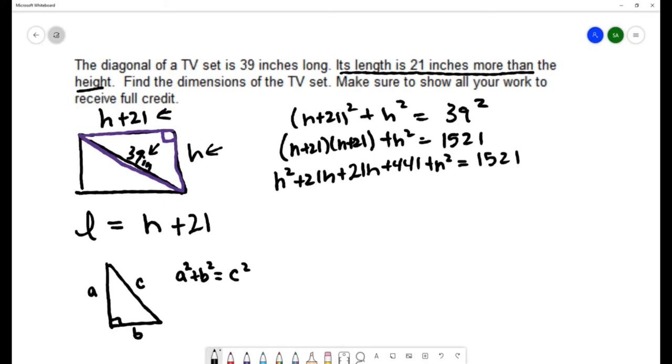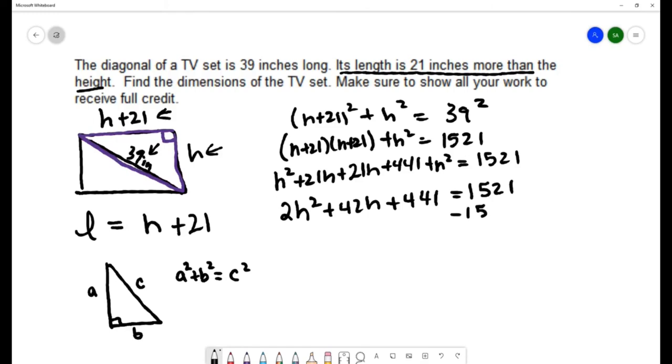I'll combine like terms. h squared plus h squared will be 2h squared. 21h plus 21h will be 42h. And we have 441 equals 1,521. So I can see now that I have a quadratic equation.